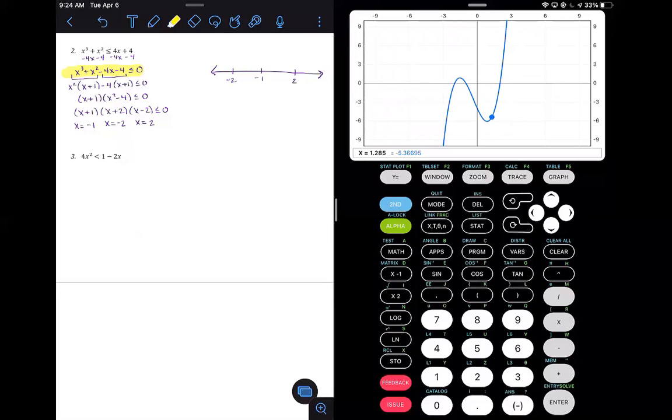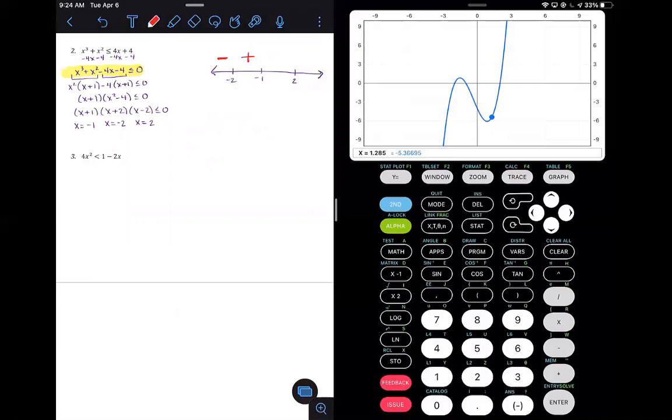Okay. So if it's underneath the x-axis, that's considered negative. If it's above the x-axis, it's considered positive. So where does the graph start? Above or below? Below. So that would be negative. And then it goes to positive.